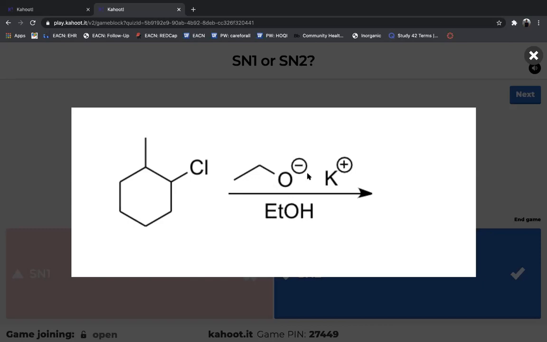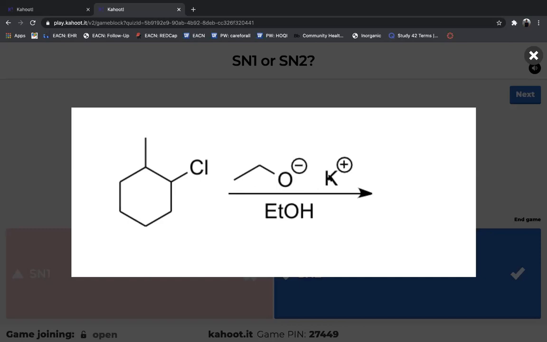Anytime we have these alkoxide nucleophiles, they're typically dissolved in their protonated solvent. So there would obviously be more of this in solution than there would be of EtOH. But what we're saying is this is the only example where we'll see a very, very strong nucleophile with a polar protic solvent, these alkoxide O minus anions. Does that make some sense? It's just the protonated solvent that it's dissolved in.